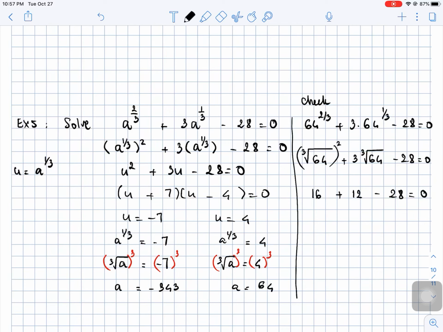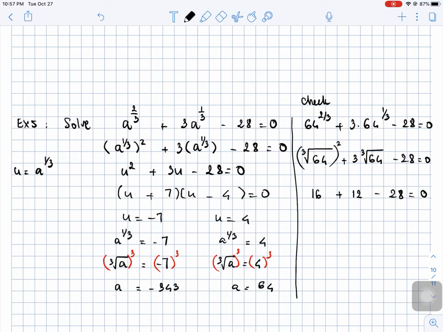We will simplify the inside of the parentheses first. Cube root of 64 is 4. And then 4 squared is 16. Plus cube root of 64 is 4. Then 3 times 4 is 12. Minus 28 equals 0. And that gives us a true statement.